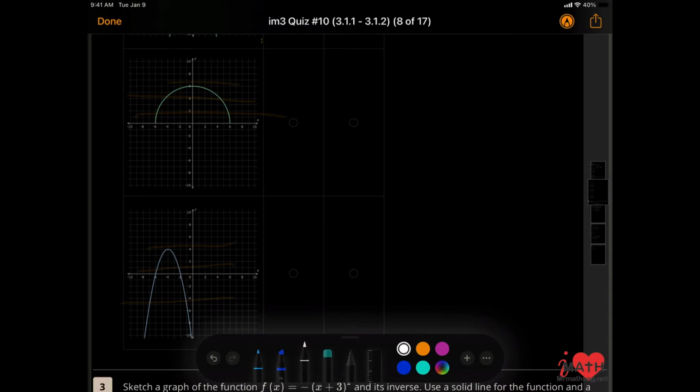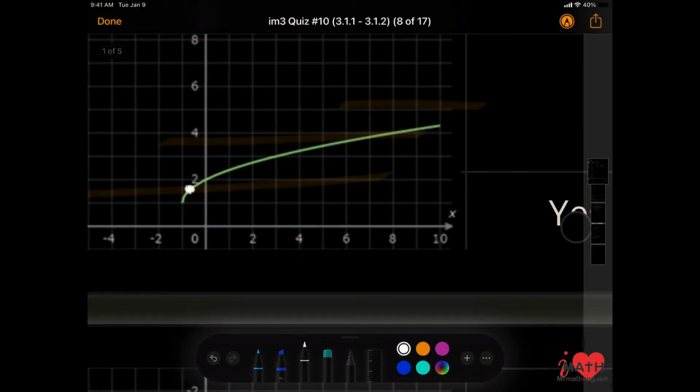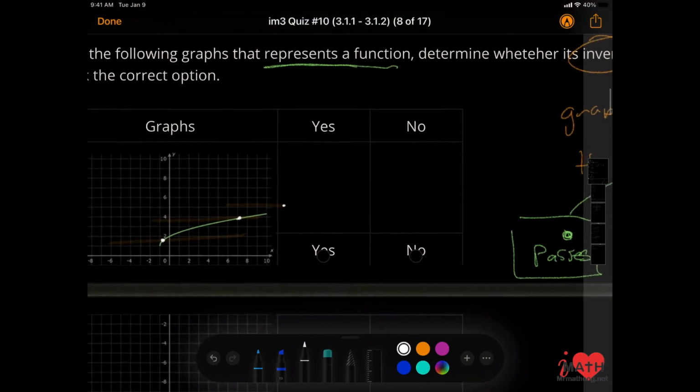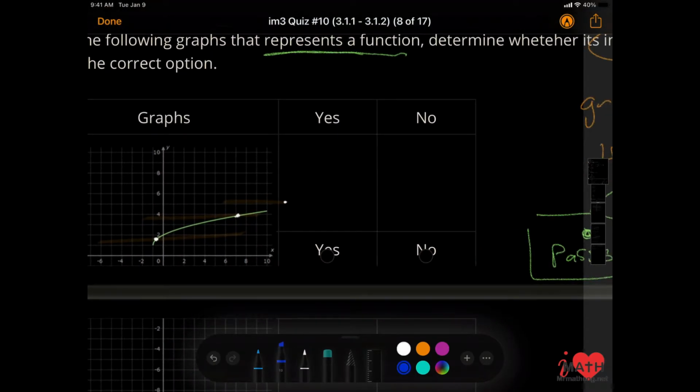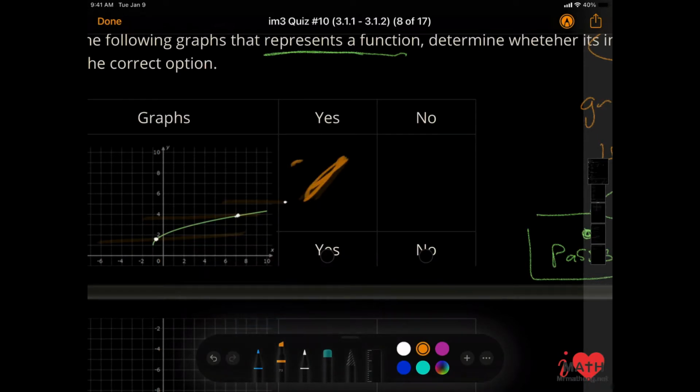Let's go through these. If I go through here, this is 1 point, 1 point. It's probably going to intersect up here only at 1 point. So yes, it passes the horizontal line test. It's invertible, so you can take the inverse of that function.